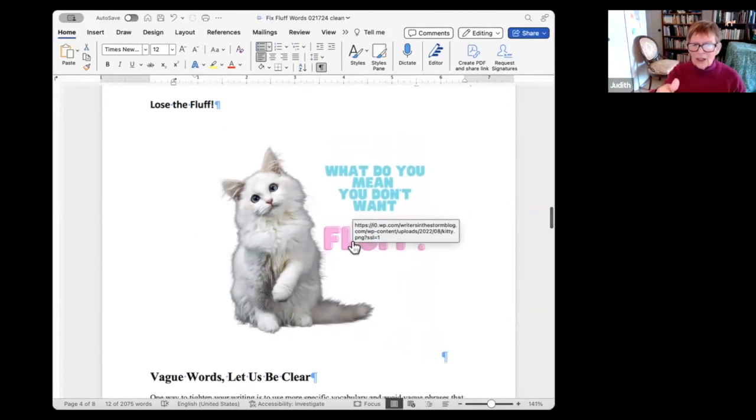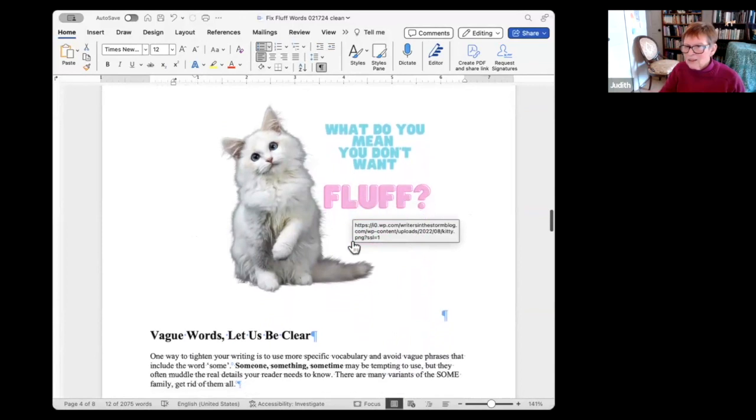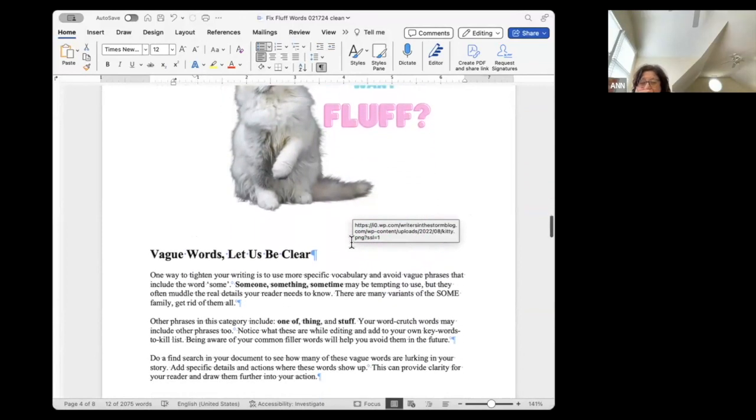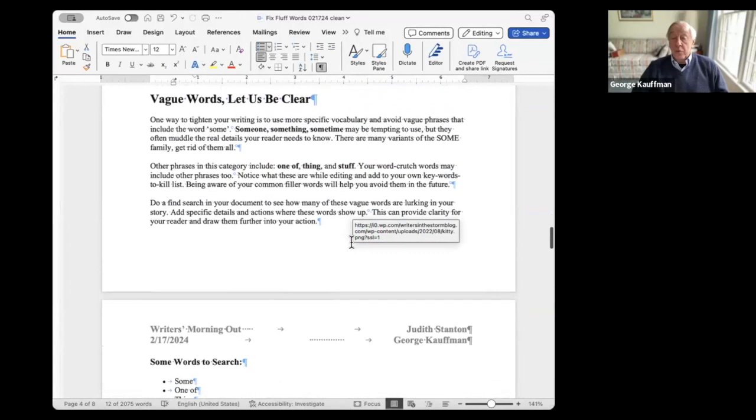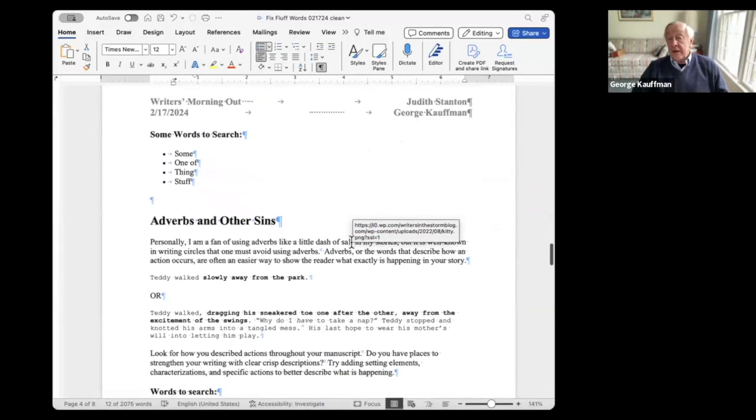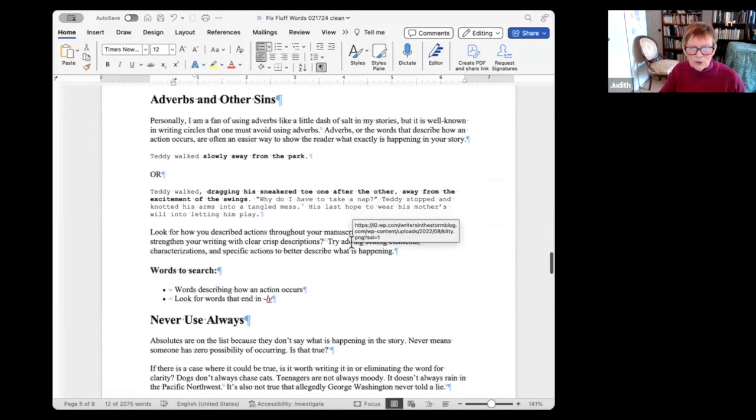But she goes on in the rest of this with a number of useful recommendations. Vague words, words like some, one of, and adverbs and other things. I like, just as an example, and I got caught up on this, adverbs and other sins.